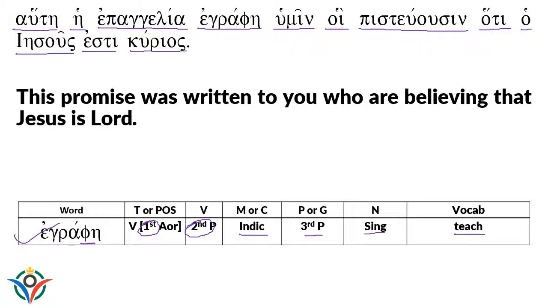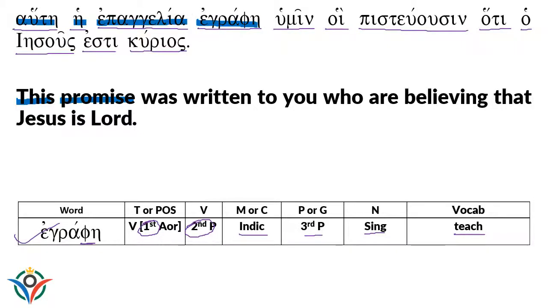All right, so we begin with this demonstrative pronoun, haute. It's standing in the predicate position, and it is modifying the subject, he epangelia, which is "promise." So it's not just any promise, it's pointing out that it's a specific promise, so we translated this promise.